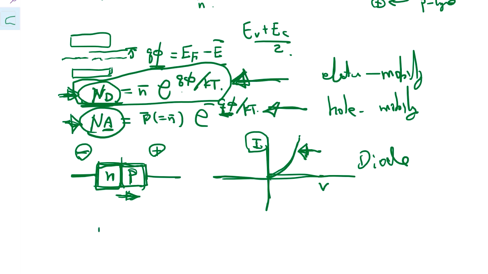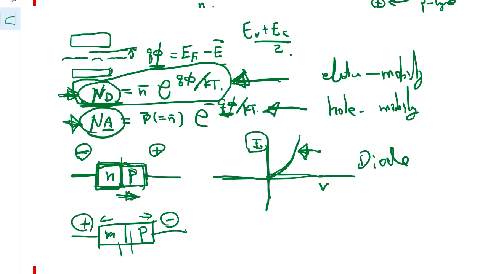What's happening if you put reverse voltage? So all the electrons go there and the holes go there.